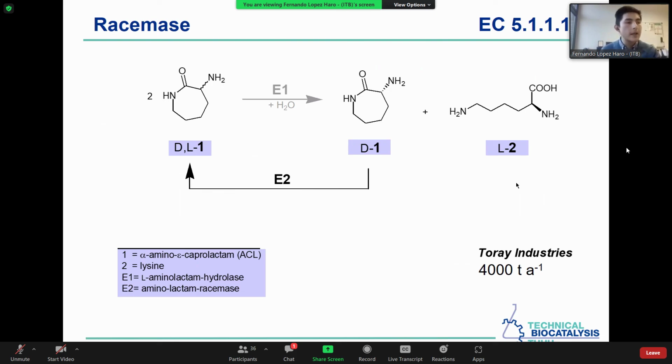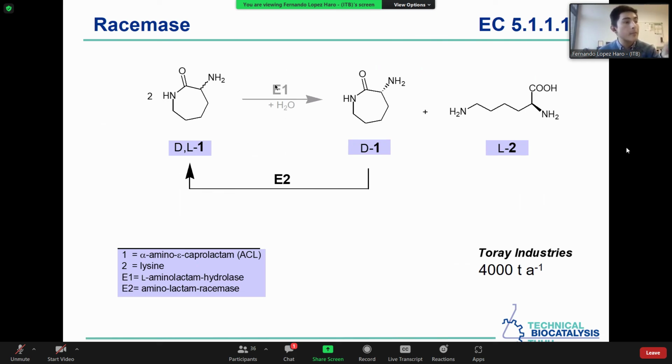That's a mistake. It should be E5. In this case E2 stands just for an identification tag. This enzyme is an E5, but here we're just naming them E1, E2, depending on what we have.